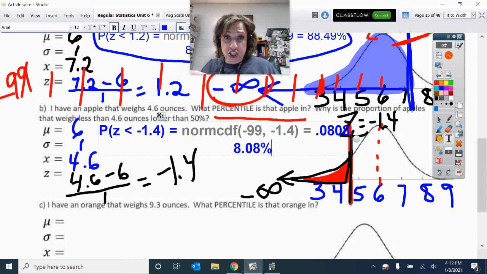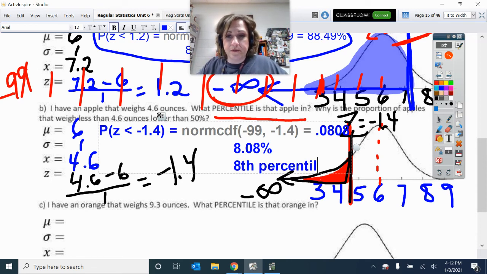But it does say what percentile, so that's going to be the 8th percentile, because you haven't gotten up to the 9th percentile yet. You're located in that 8th percentile. Okay, so there you go.